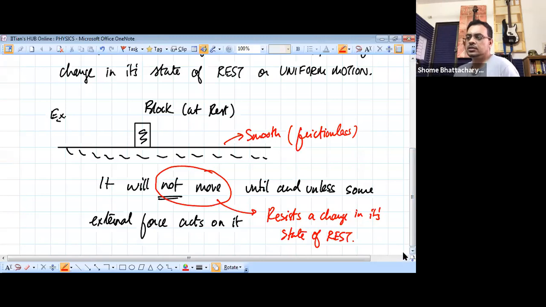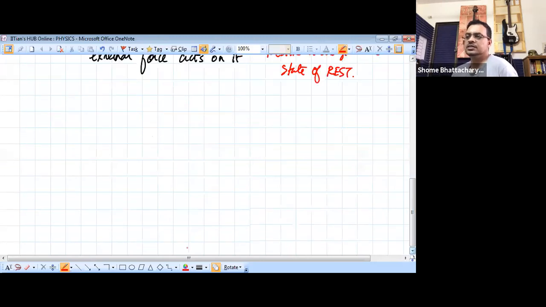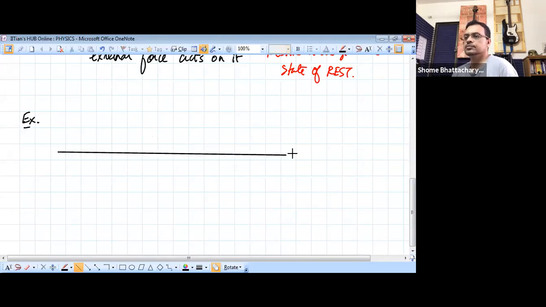And that property in general is called the inertia. Another example is inertia of motion. Now, for example, we have the same block, but it's already set into motion. So let's say we have a body of mass m, which is moving with speed v along a frictionless horizontal surface.